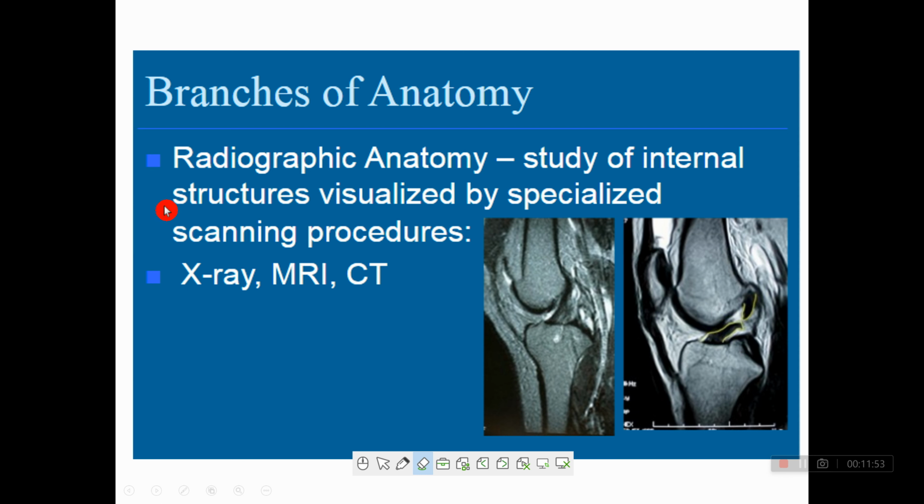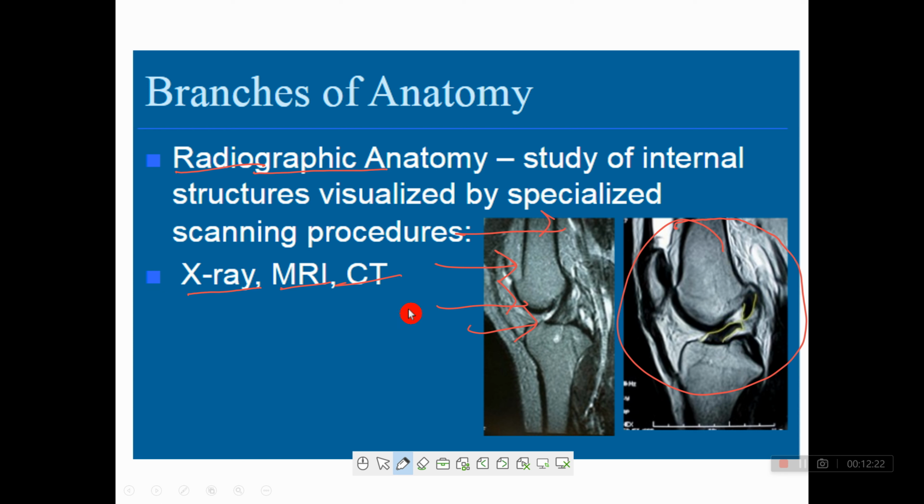Moving on, next one is radiographic anatomy. In radiographic anatomy, as the word implies, radio waves are sent into the part of the body, and radio images of the part of the body are observed. Radiographic anatomy can be performed through different scanning procedures such as X-ray, MRI, and CT scan.